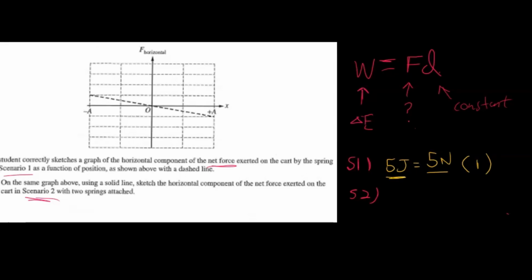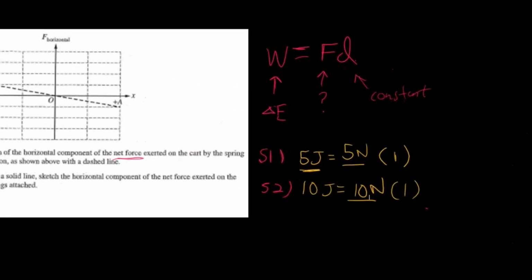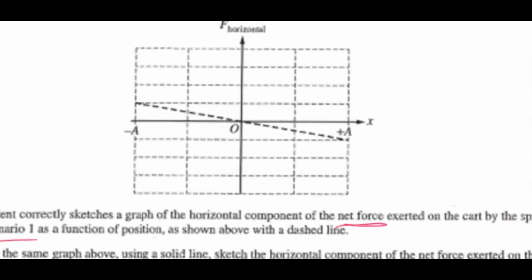So now if we double this energy, right, because that's what we did in our scenario, if we double this energy to 10 joules, what is that force? Well, we know D, the displacement, will stay constant, and so it just happens that this will also double. So the force doubles when the energy doubles in this case. It's not always, but in our case, using the work equation, that is the case.